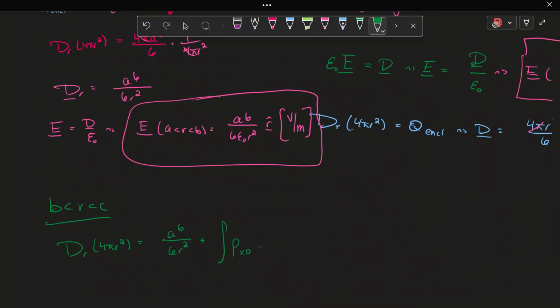I called it rho s o, ds, surface integral, because this is the same thing as Q enclosed whenever R is between B and C, or I guess when R is greater than B, right? Or R at B, sorry, R at B.